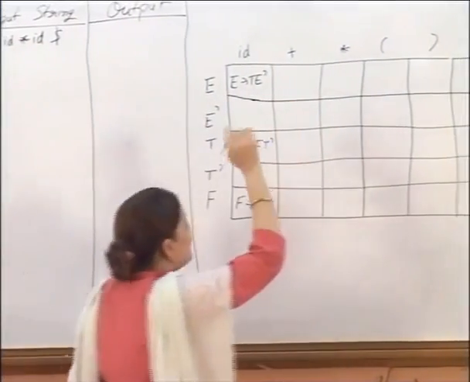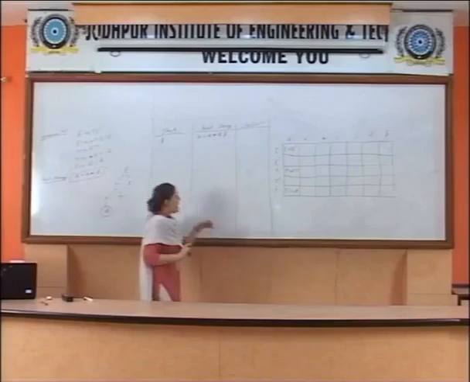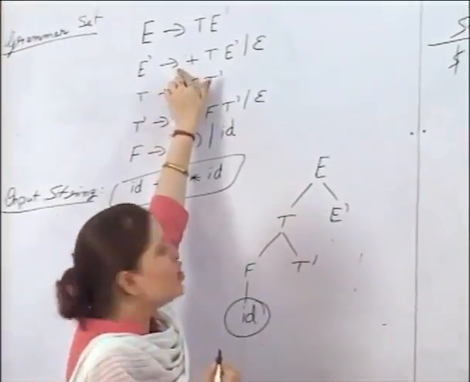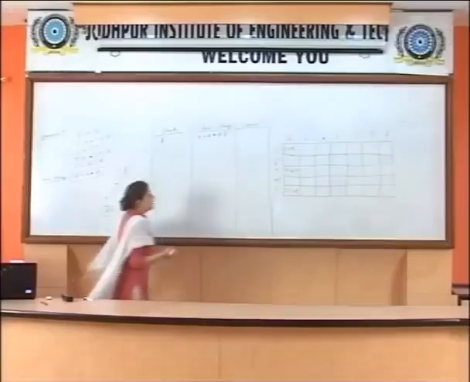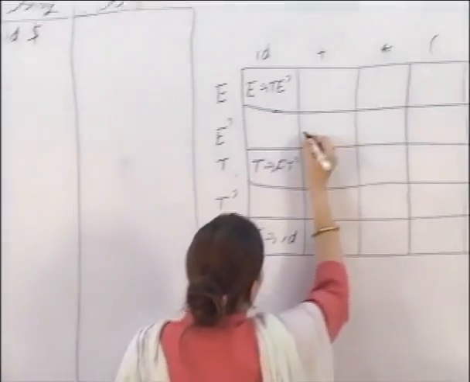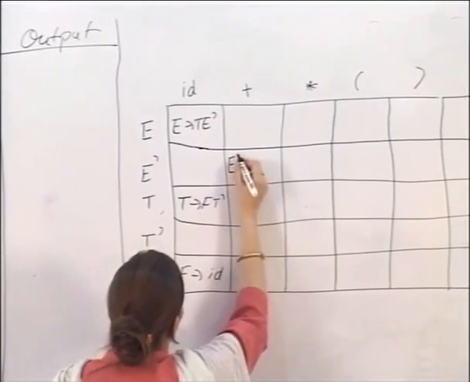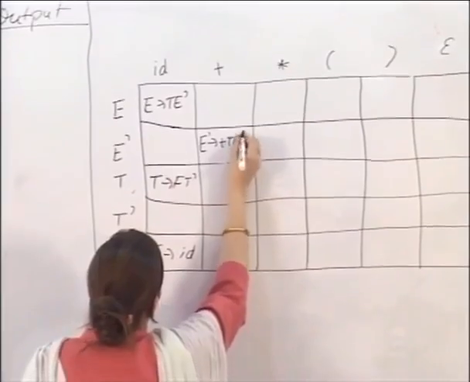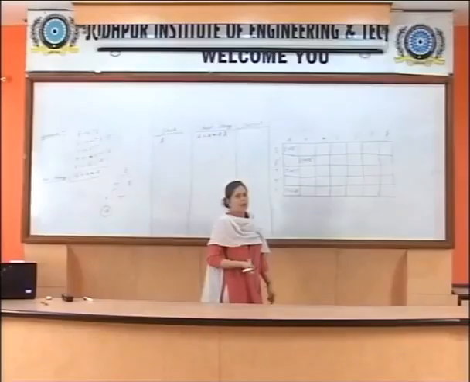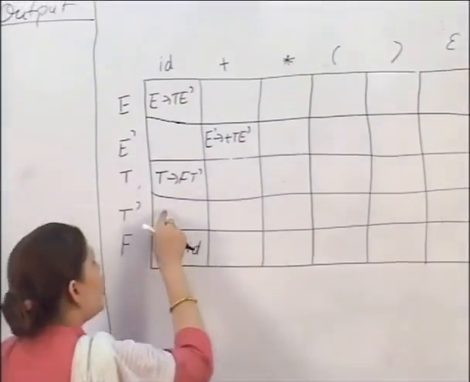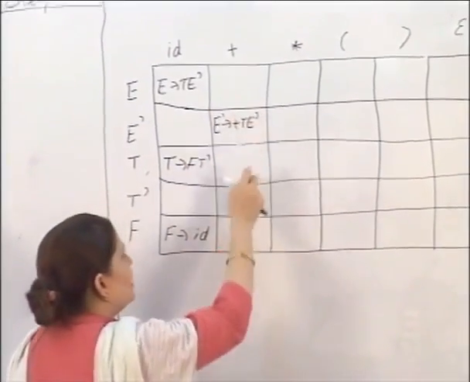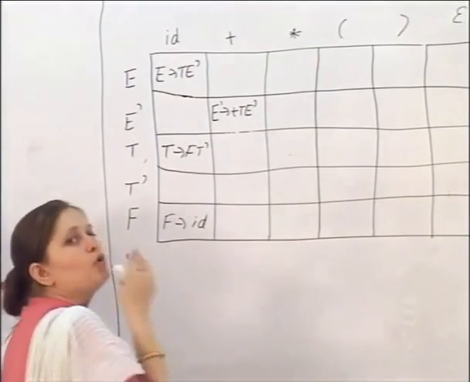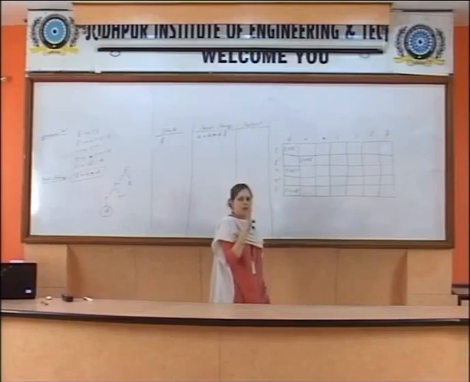For the plus symbol, we have only a single production, that is E dash to plus T E dash. That means for this E dash we will enter E dash plus T E dash. Now for this plus symbol, T, T dash and capital F, we do not have any of the productions.